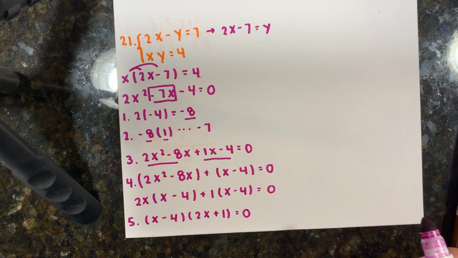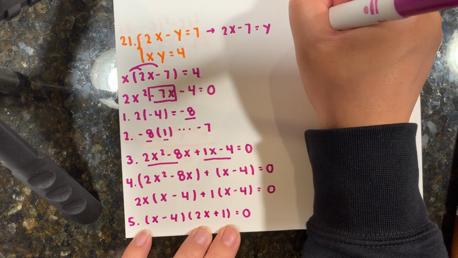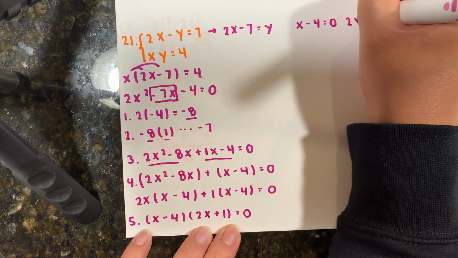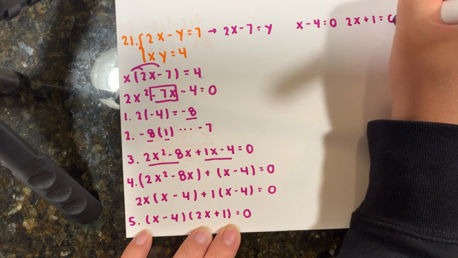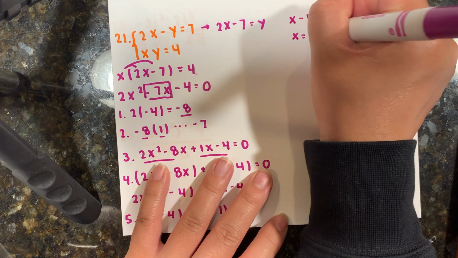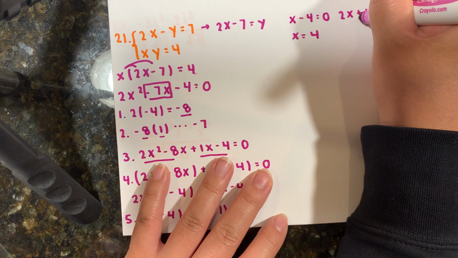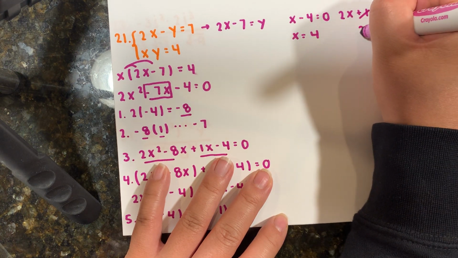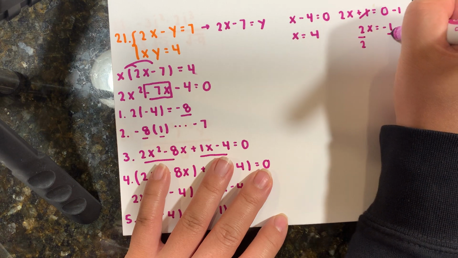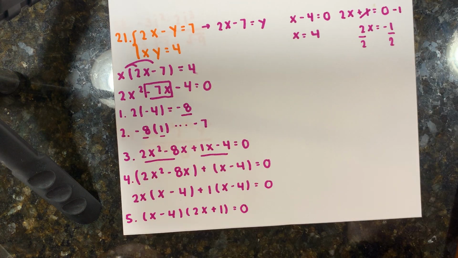But you have to solve for x. So I'll have x minus 4 equals 0, and then 2x plus 1 equals 0. So my first answer is going to be x is equal to 4. My second answer, 2x would be equal to -1, so x would be equal to -1/2.